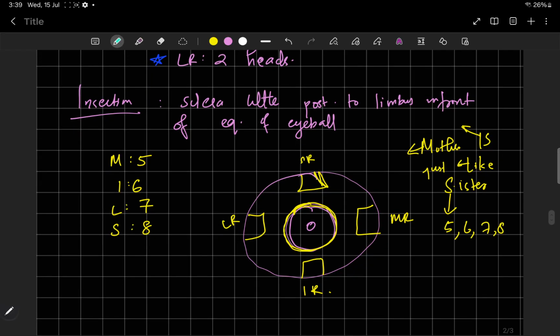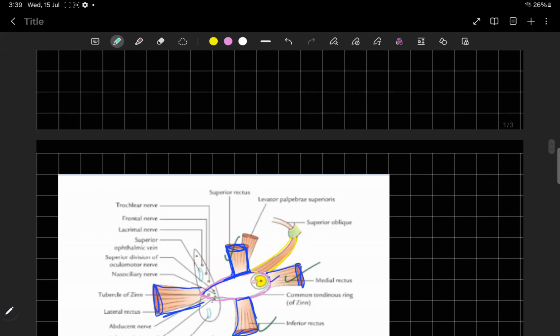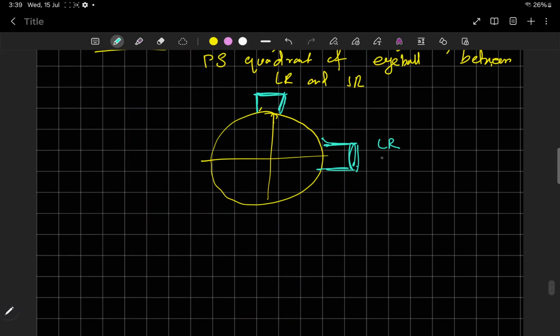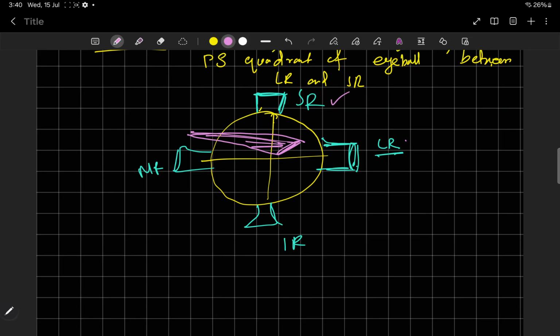In the above diagrams it was medial rectus, but in this last diagram, this is lateral rectus. This is superior rectus, inferior rectus, and here we have the medial rectus. And the superior oblique muscle is inserted into the postero-superior quadrant between the superior rectus and lateral rectus.